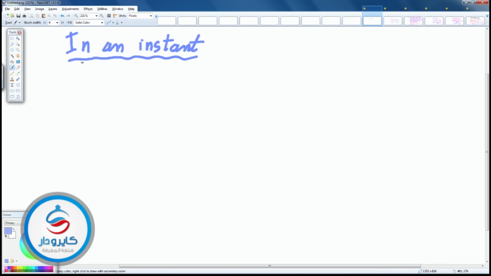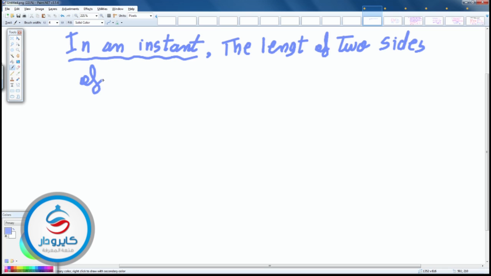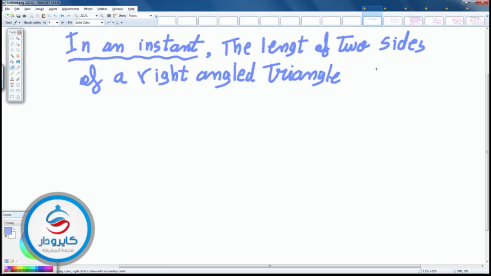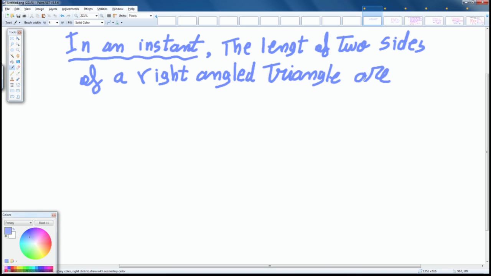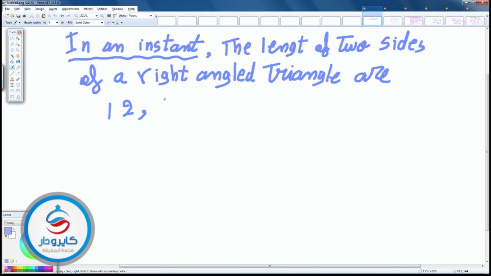In an instant, the length of two sides of a right angled triangle are 12 and 16 centimeters.